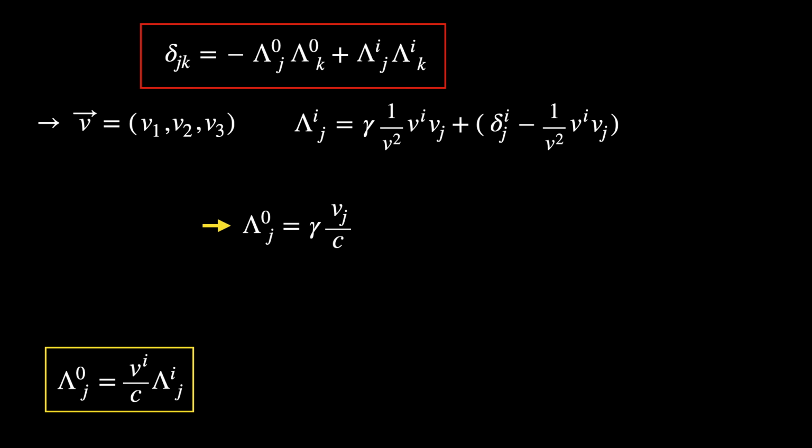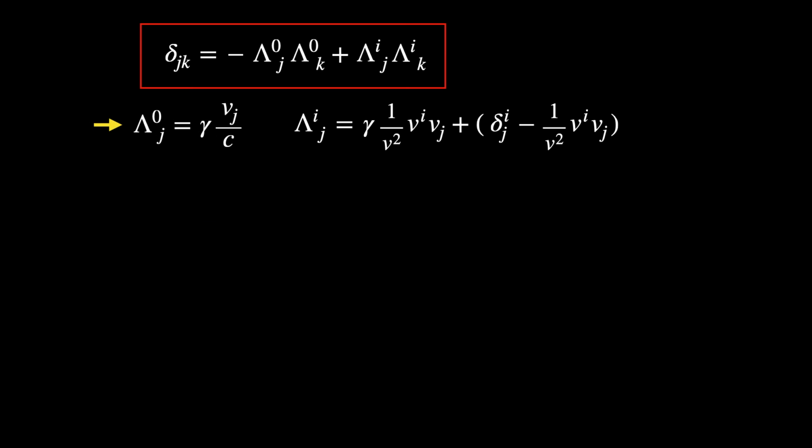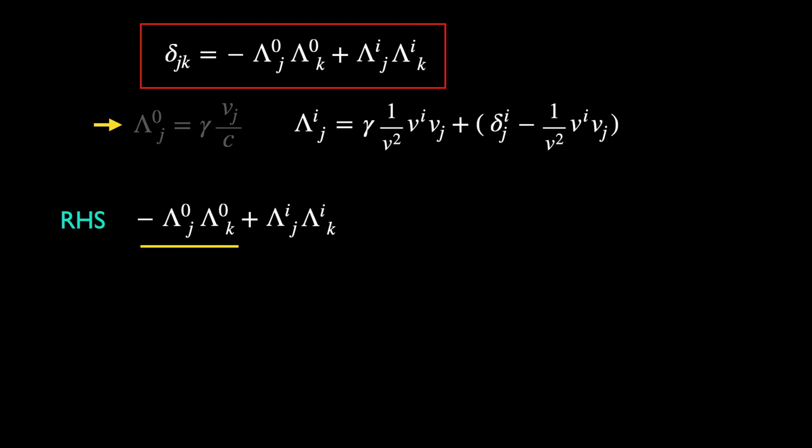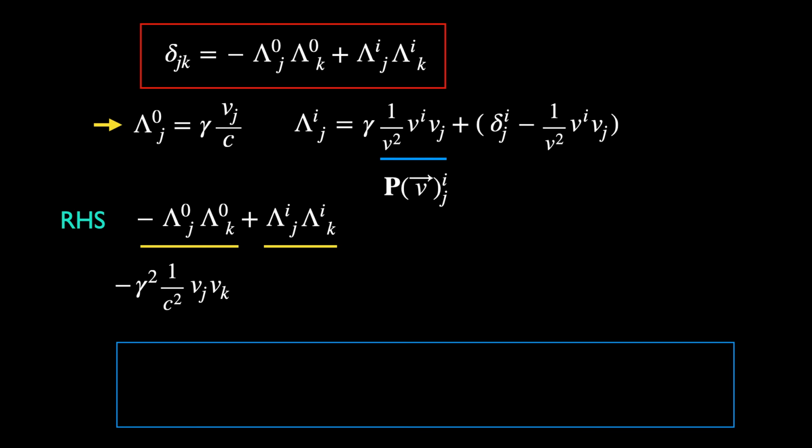Thus we have the result for lambda 0j. Now we are ready to calculate the right-hand side of the equation. The second product is easier if we use the properties of the projector.